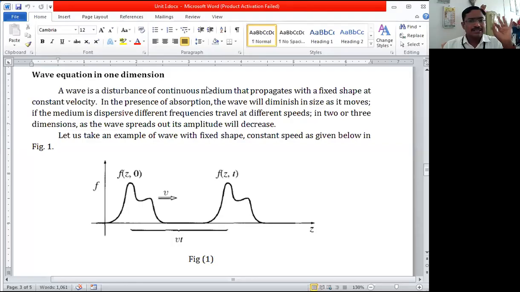Now del dot E is equal to rho divided by epsilon 0. This is the Gauss law in electrostatics. This is Maxwell's first equation. Del dot B is equal to 0. That is the Gauss law in magnetostatics. This is Maxwell's second equation, which signifies that magnetic monopoles do not exist.